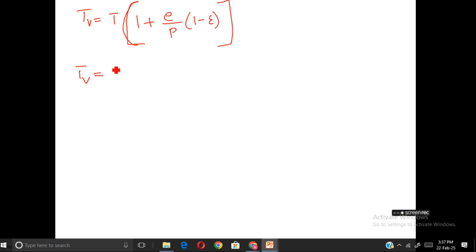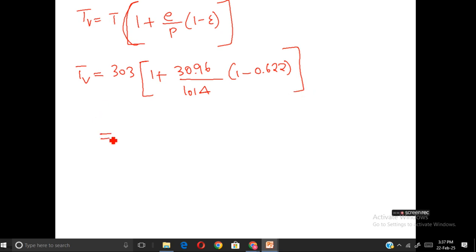So we know the value of T, which is 303 Kelvin, into 1 plus the value of E we just found out, which is 30.96, divided by the value of P given in the question, which is 1040, into 1 minus the value of epsilon we know, which is 0.62.